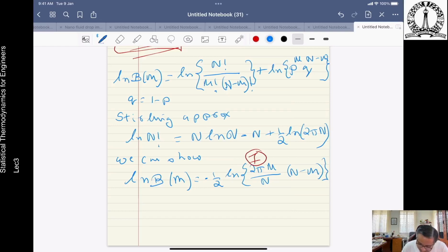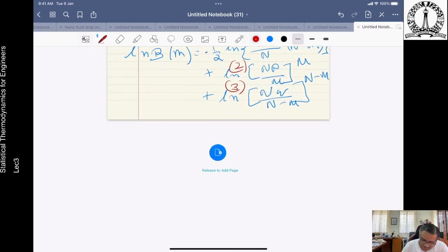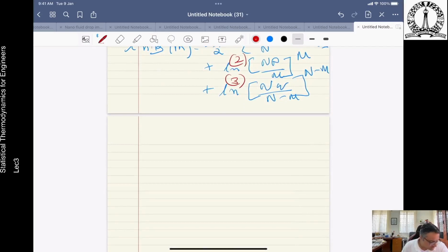Then of course we have np by m raised to the power m. Let's call it term 2, and then plus ln nq by n minus m raised to the power n minus m. We call this term 3. So these are the 3 terms.